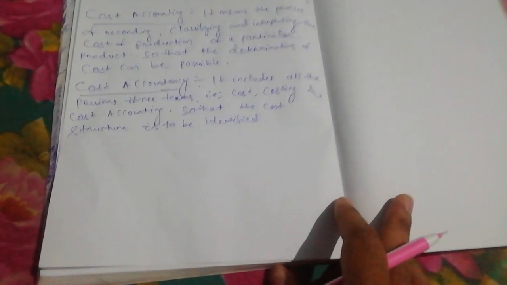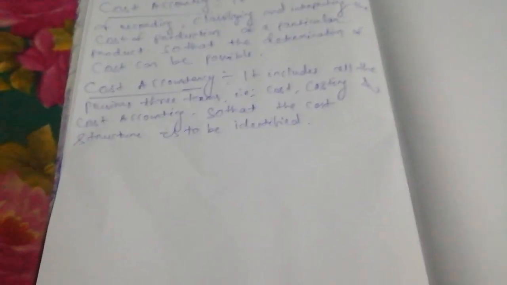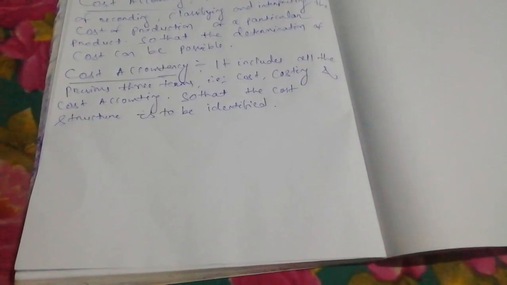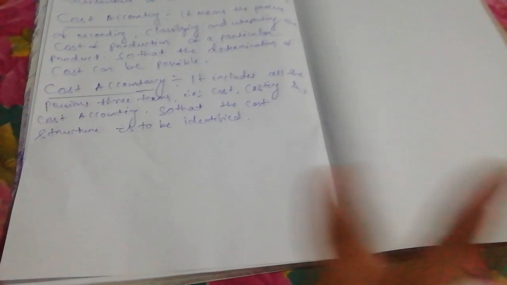Next, we have to cover different elements of cost. Elements means types of cost. Basically, costs are two types.